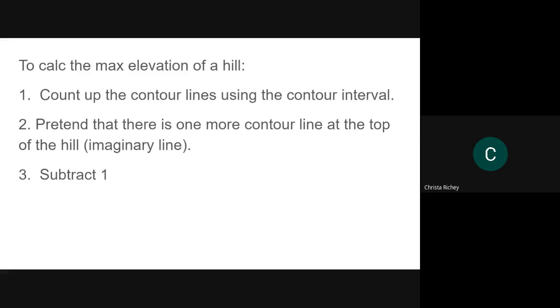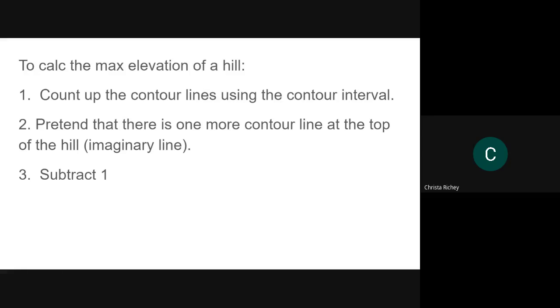So when I ask you to do this on the test or on the assignments, knowing what that range is, you should be able to look at my answer choices and pick the one that falls within that range. Figure out your interval, take the high point, pretend there's 1 more, and subtract 1. That is the maximum value for the height of that hill.